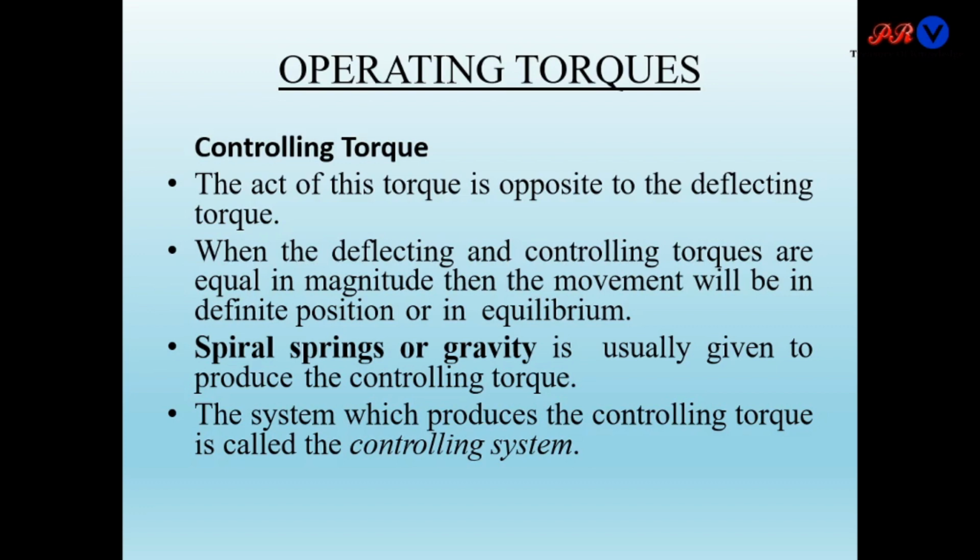Only then will the pointer of the instrument settle in the rest position. Spiral springs or gravity are usually used to produce the controlling torque. So the controlling torque is usually provided by gravity or spring arrangements. The system which produces the controlling torque is called the controlling system.